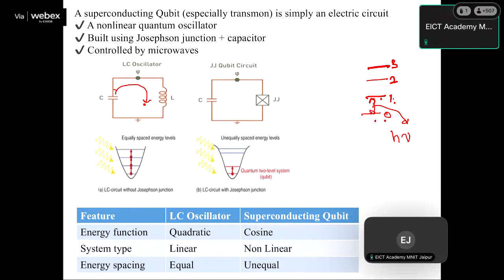But there is a certain disadvantage. As you can see, the transition between 1 and 2 also requires the same amount of energy, h nu. So the microwave frequency will resonate with different transitions, and there will be multiple excitations in the circuit.